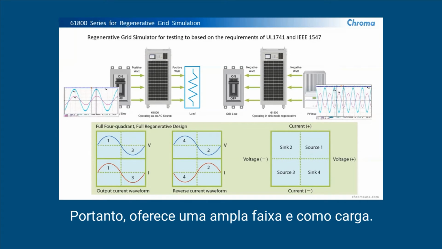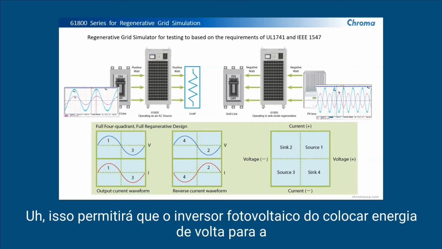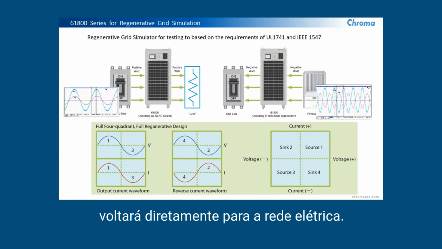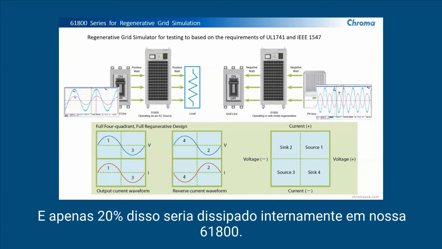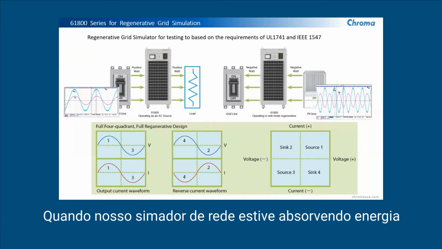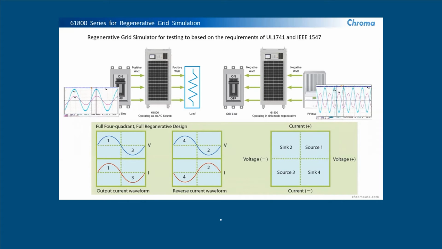And as a sink, it will allow the PV inverter to put power back all the way to the grid. And we do it at 80% efficiency, meaning that 80% of the power from the PV inverter goes directly back to the grid, and only 20% would be dissipated internally in our 61800 AC source or grid simulator when it's sinking current and power back.